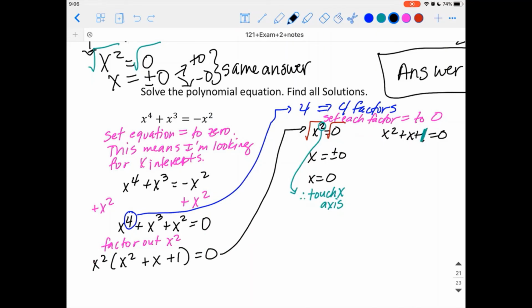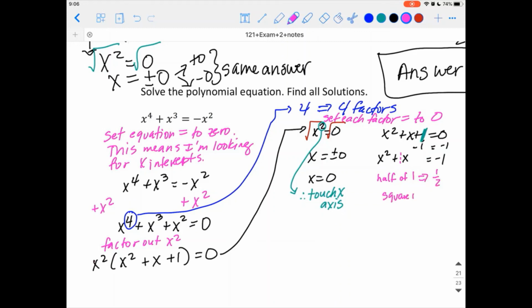For completing the square, we move the variables to one side, so the plus 1 has to go. I'm going to subtract 1 from both sides and I get negative 1. Then I'm going to take half of this value right here, which is an understood 1. So half of 1 is a half.